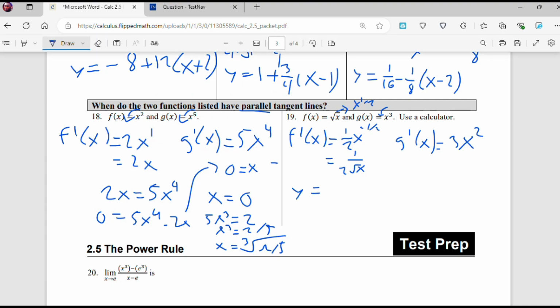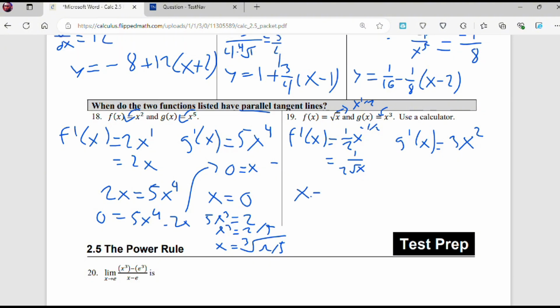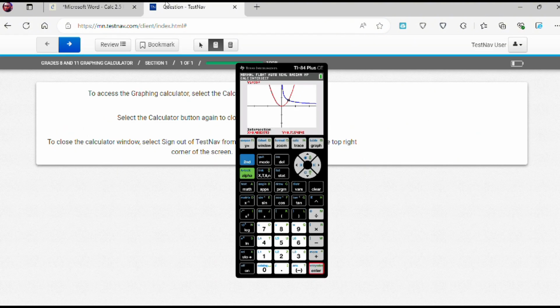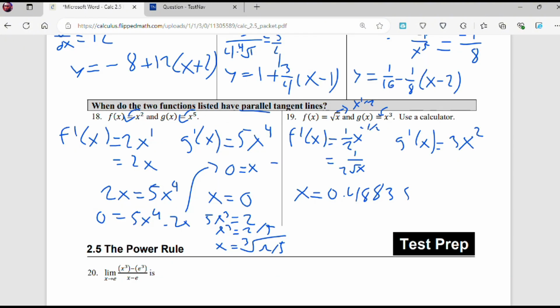Sorry, not y equals, because it intersects at x, not y. Or it's asking when, not the y value. So it's 0.488, and I'm just gonna write the whole thing down. 3593. All right, beautiful.